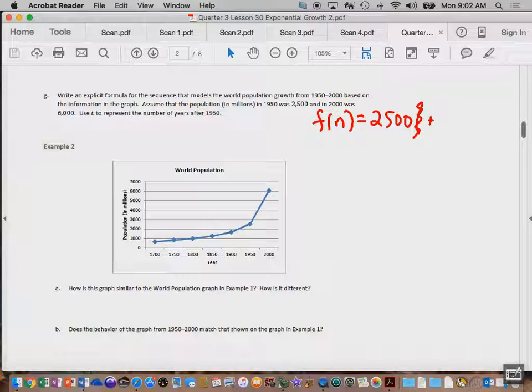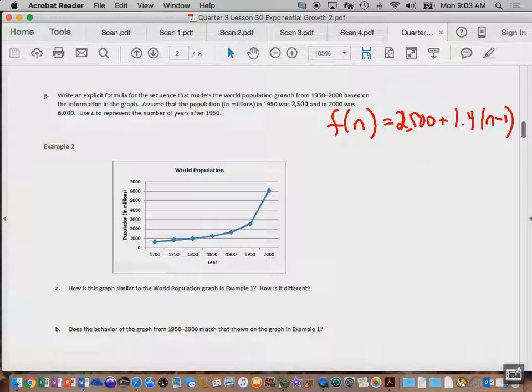Plus, and what percent did it go up by? 140? I'm confusing myself, let me get rid of this here. I was going with recursive versus the other one. Let's see here. F of n is equal to the first term, which is 2,500, plus 1.4 times n minus 1. Because it's going up 140%, which is 1.4. And then n minus 1 because we don't need to add it for the first year.